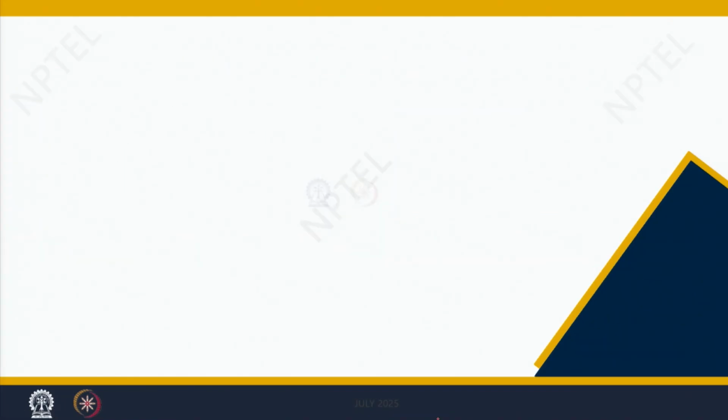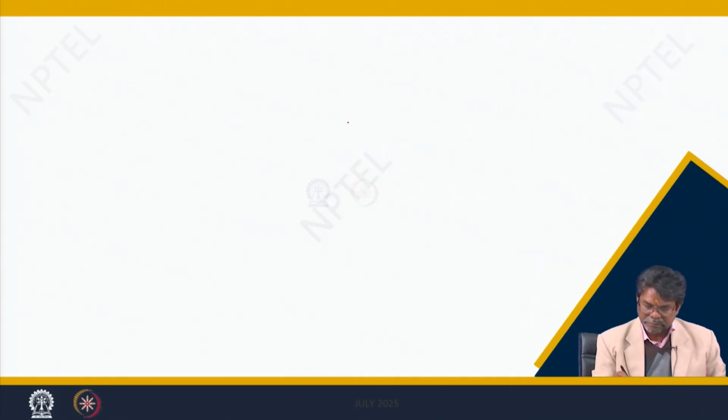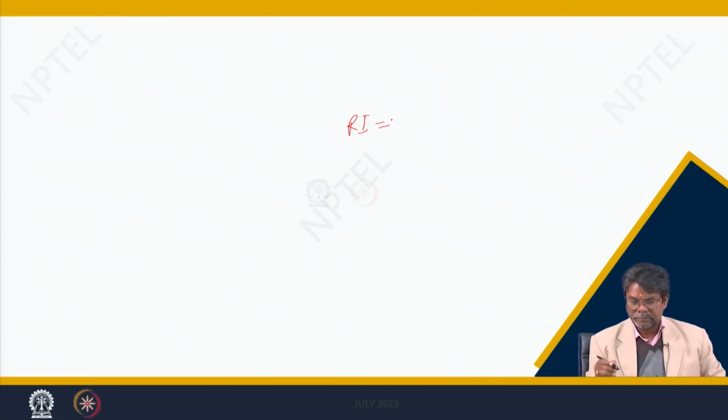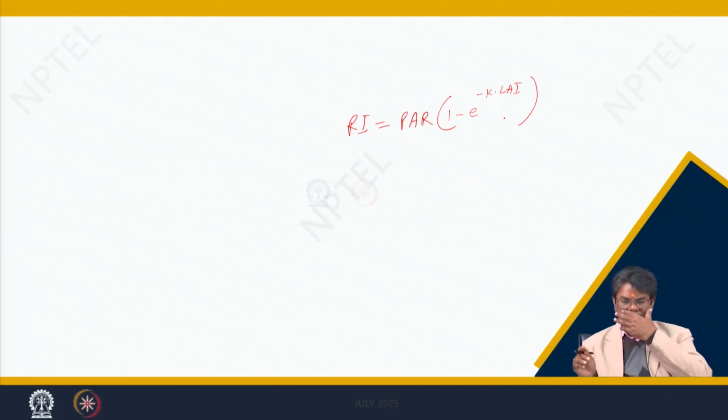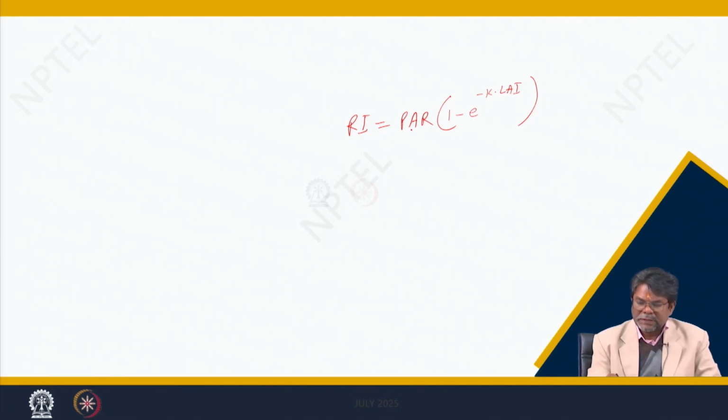So, as I have discussed earlier, the radiation interception RI, where PR is the photosynthetically active radiation at the top of the canopy, K is the extinction coefficient and LAI the leaf area index.